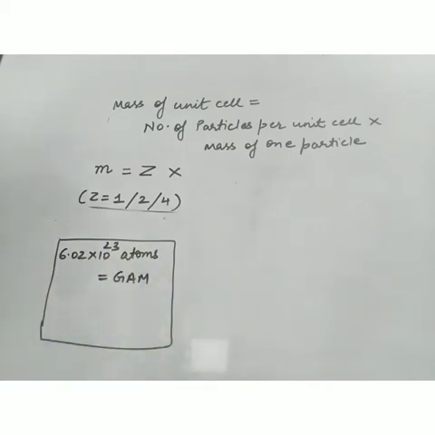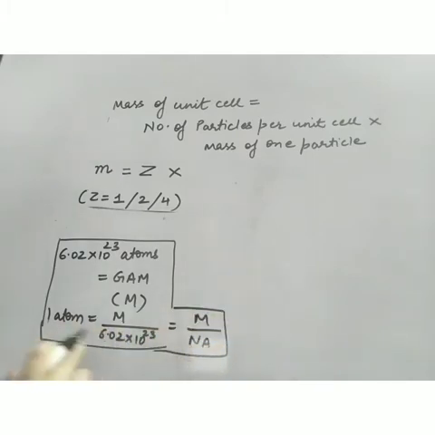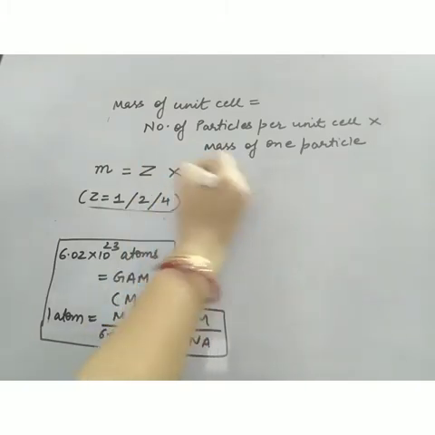Gram atomic mass means atomic mass in grams. It is denoted by capital M. So what is the mass of one atom? It is gram atomic mass divided by Avogadro number. So I can represent this as capital M upon Na. This is the mass of one atom.